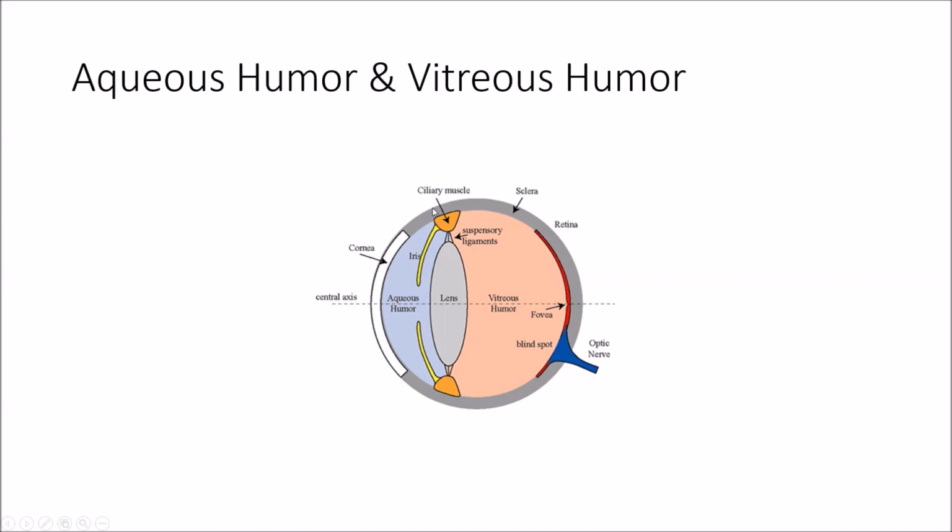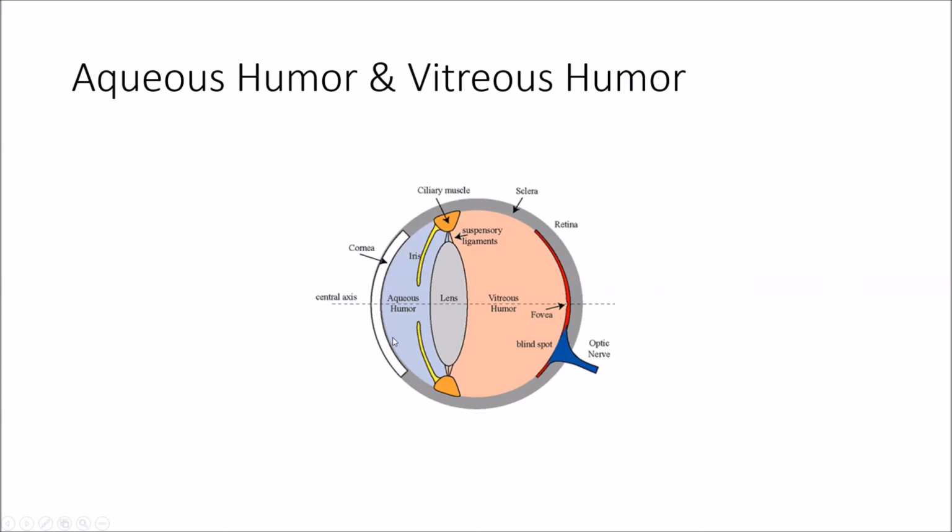It has a fluid inside of it that's basically clear and transparent. That's going to help to maintain the shape of the eye. If you could imagine the eye as having 2 empty spaces or 2 chambers, the first half, you call that the aqueous humor. This is right underneath the cornea.